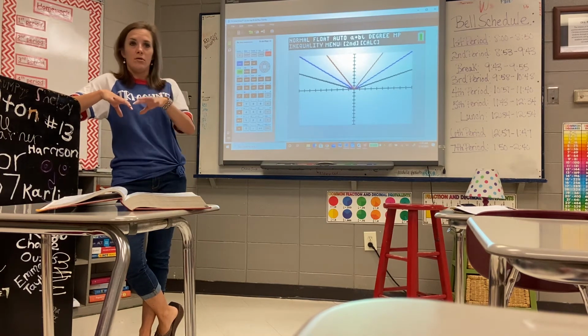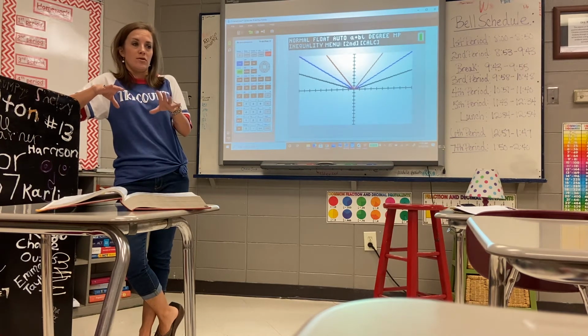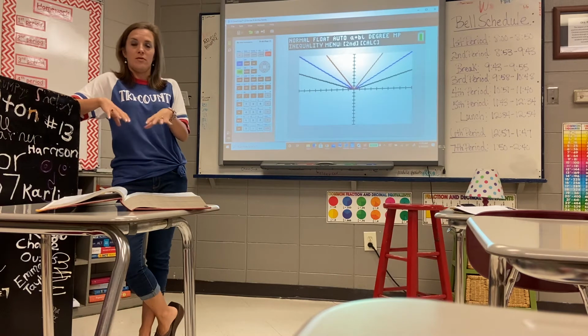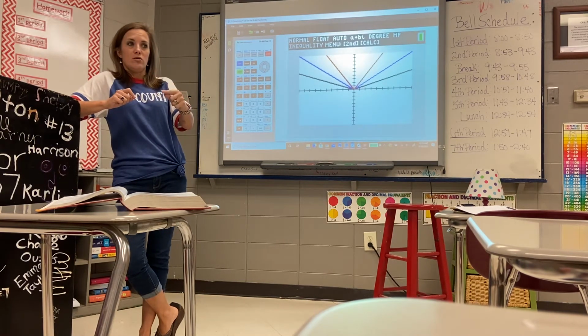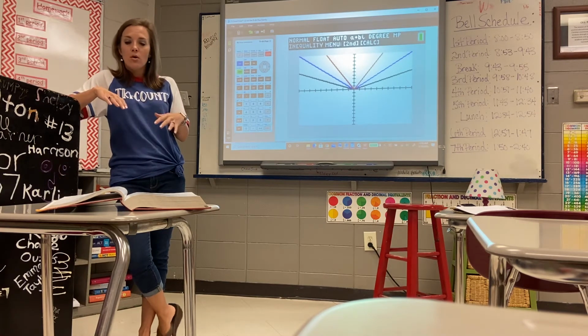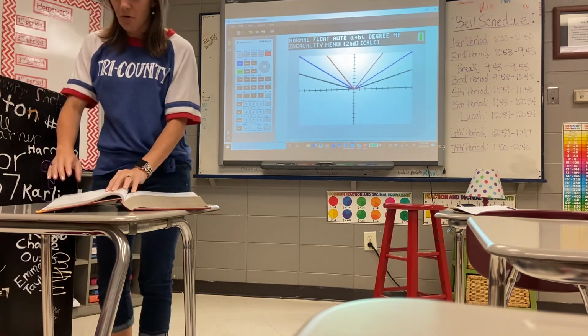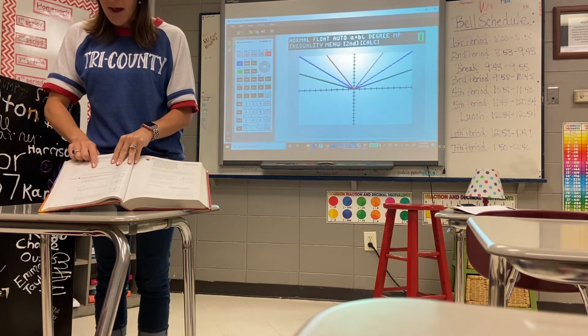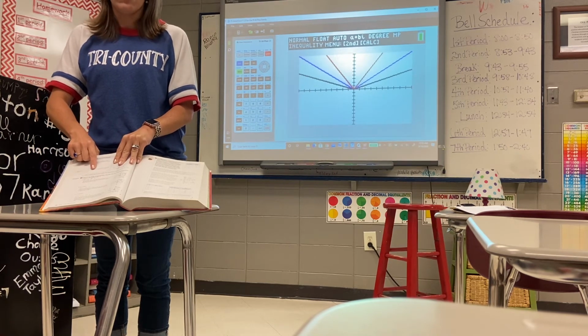Whether it's an up and down translation, whether you're doing a compression or a stretch, it's a vertical change of some sort, okay? If you're inside the function, you're gonna have some kind of a horizontal change. You're gonna go right or left, or if you're multiplying by something on the inside, and this little chart really helps, you're gonna have a horizontal compression or expansion, okay?